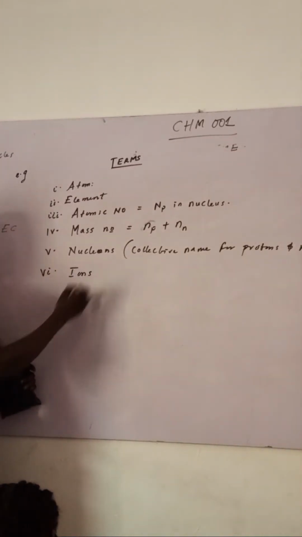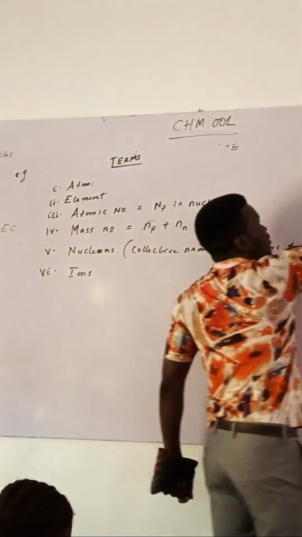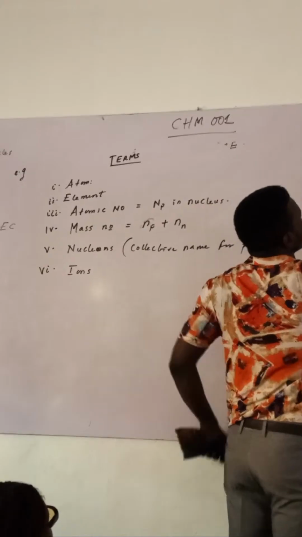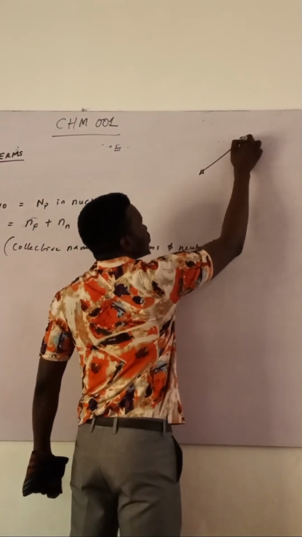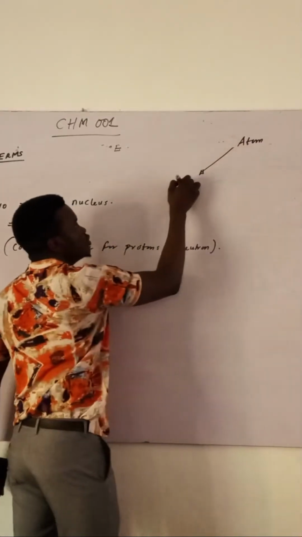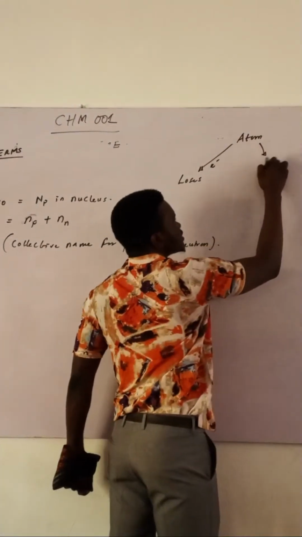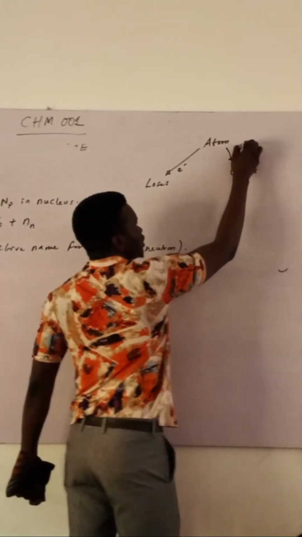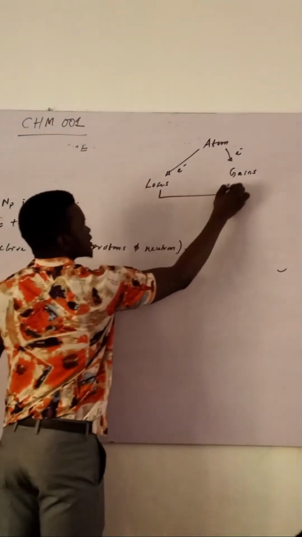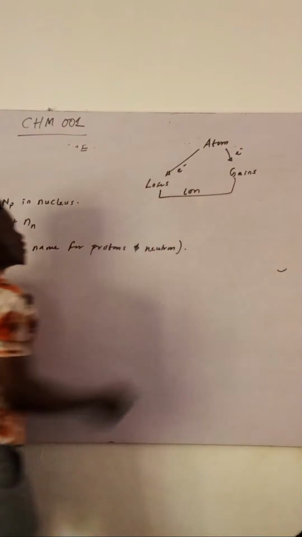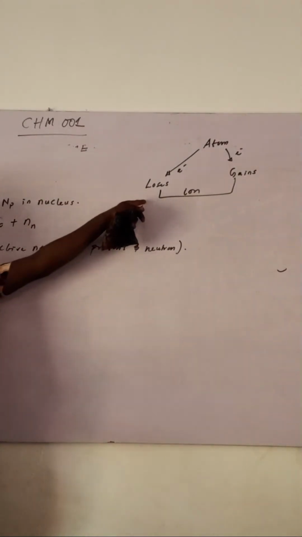Number 6, ions. Let me quickly explain ions in summary. An ion is an atom that loses or gains electrons. When an atom loses electron, what type of ion do they form?